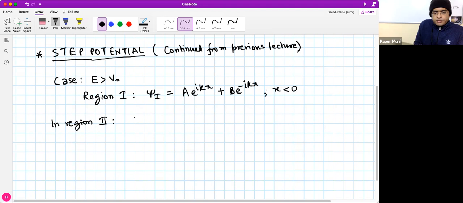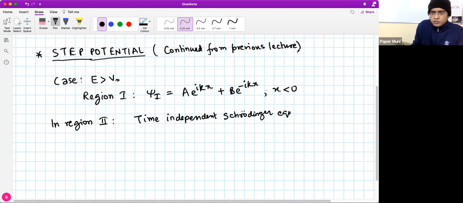So in region 2, let's write down the time independent Schrodinger equation. In this region, x is greater than or equal to 0, so we have V(x) equal to V naught.